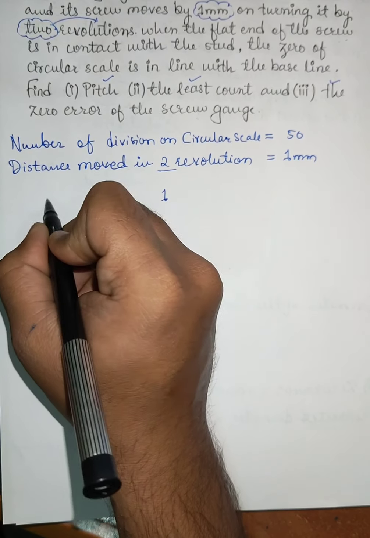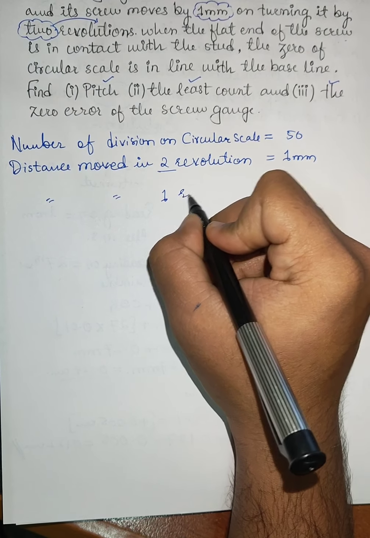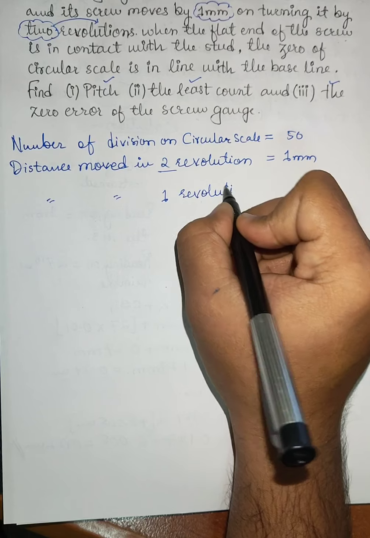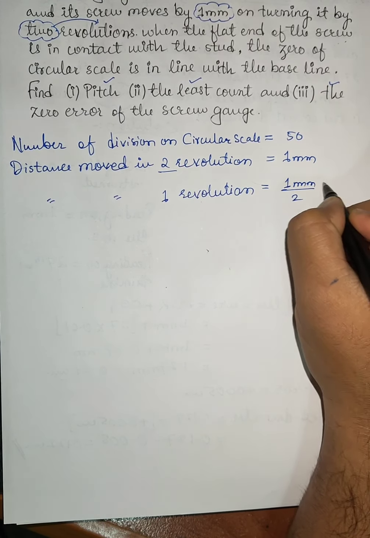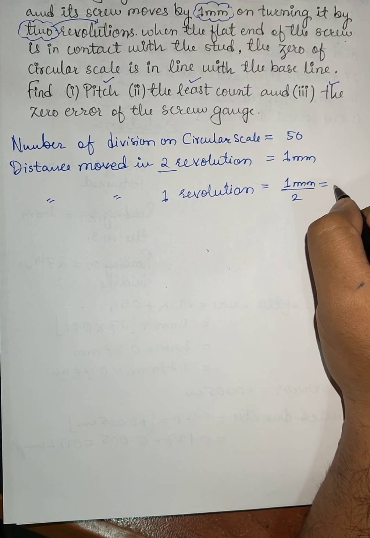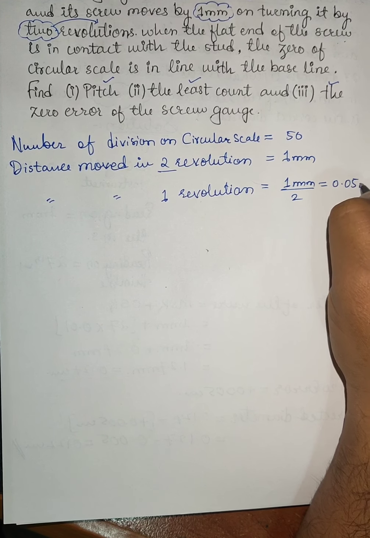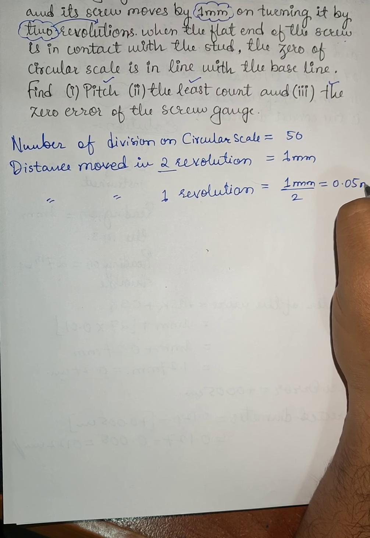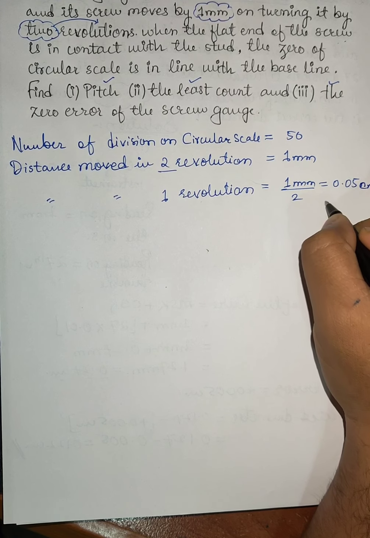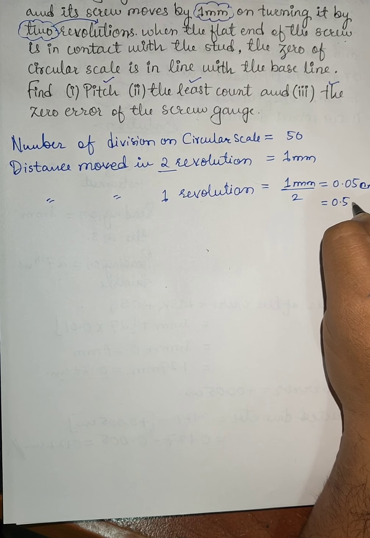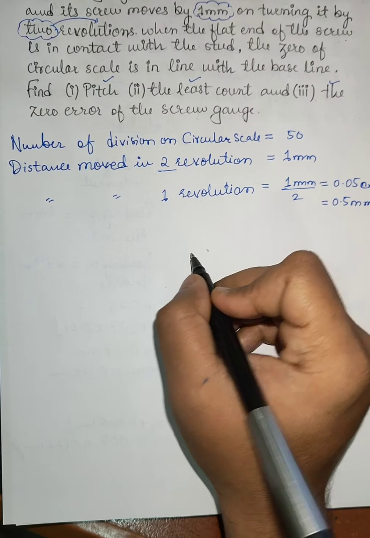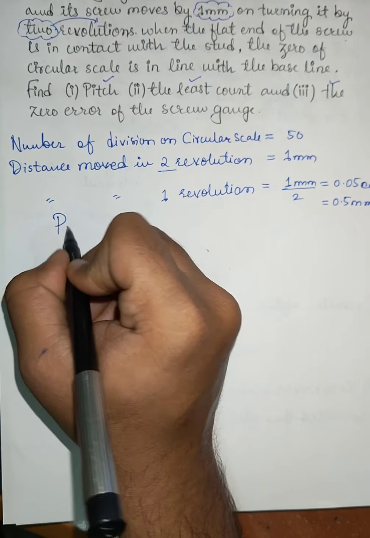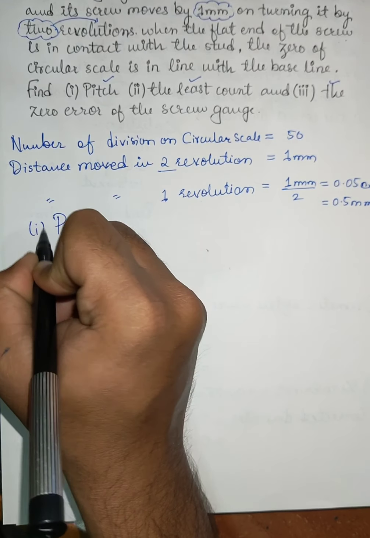We are interested only in the distance moved in 1 revolution. So that will be 1 mm divided by 2, which is equal to 0.05 centimeters or 0.5 millimeter. So we'll be using 0.5 millimeter. Basically we have calculated the pitch value, which was the first question.